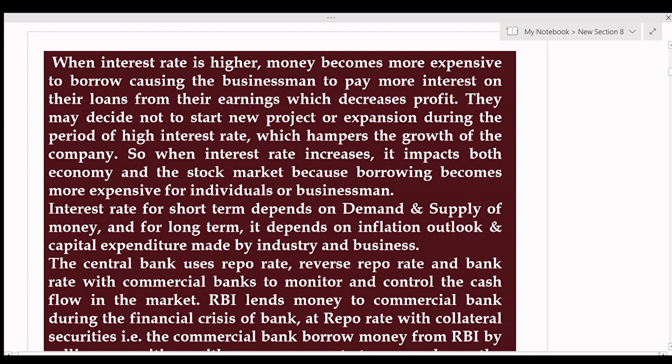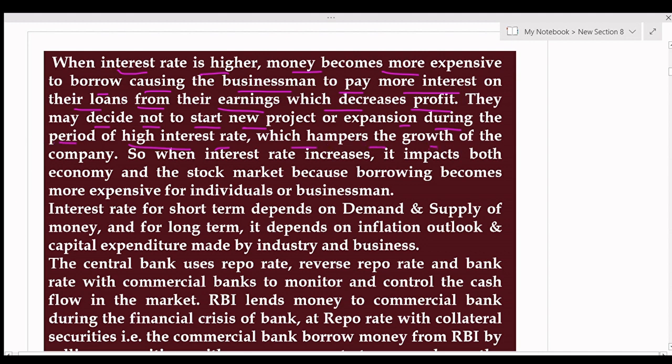When interest rate is higher, money becomes more expensive to borrow, causing the businessman to pay more interest on their loans from their earnings, which decreases profit. They may decide not to start new projects or expansion during the period of high interest rate, which hampers the growth of the company.